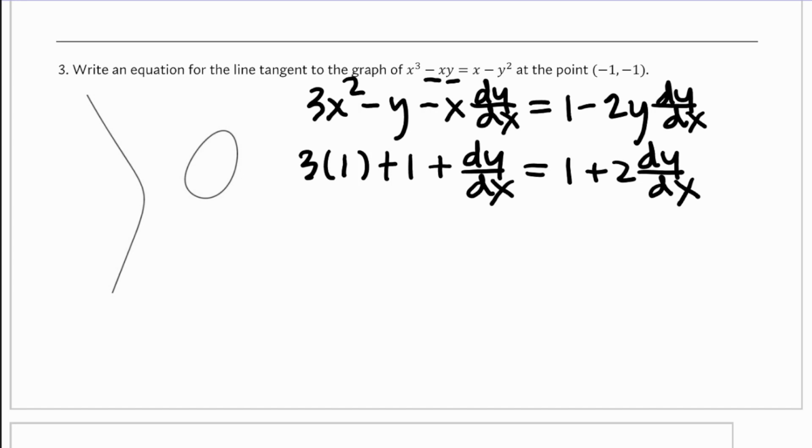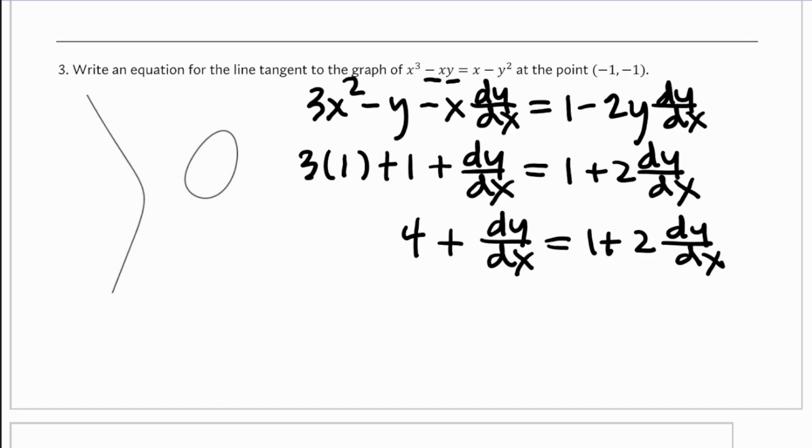And I'll have 3 plus 1 is 4 plus dy dx equals 1 plus 2 dy dx. And it does make me wonder if I made an error on the other version of this question, but too late now.